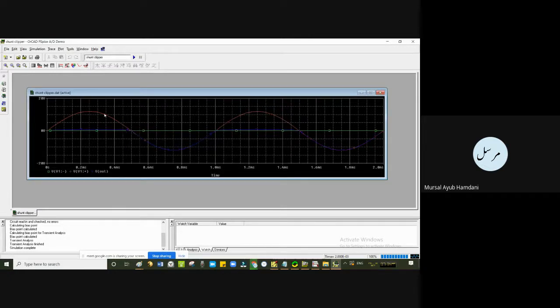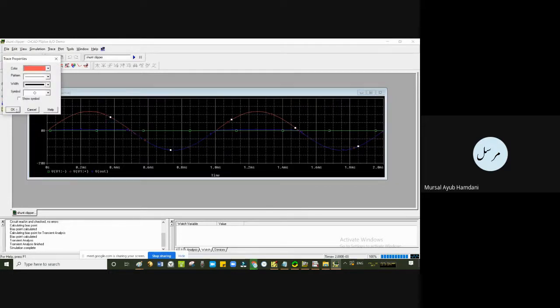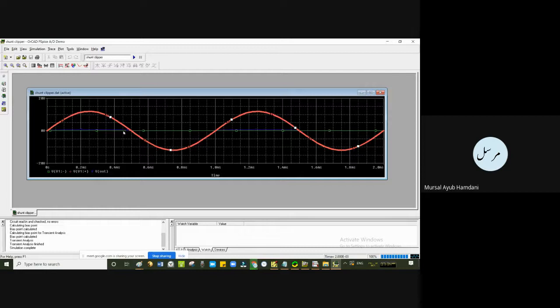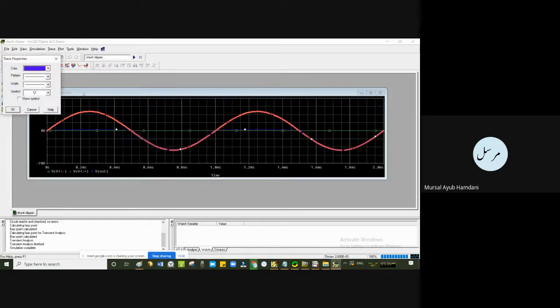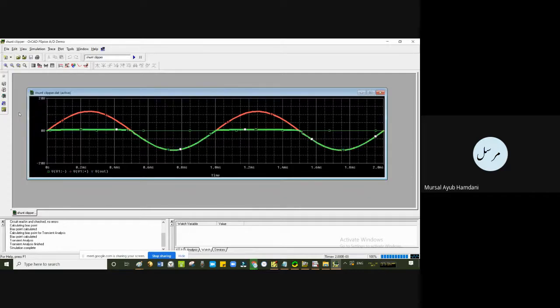So exactly as told. Okay, so you can clearly see that the positive side gets clipped. So this also can be a type of a rectifier, isn't it?